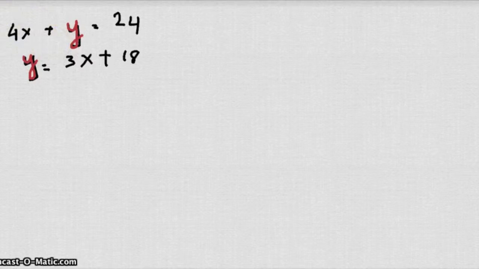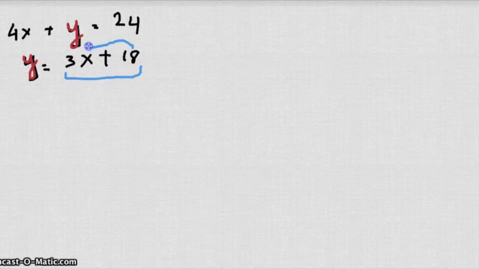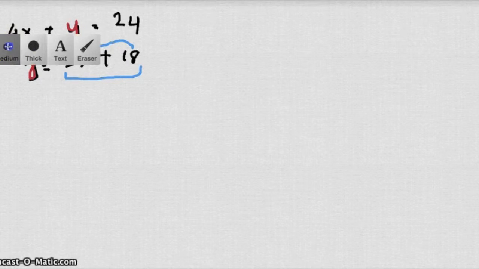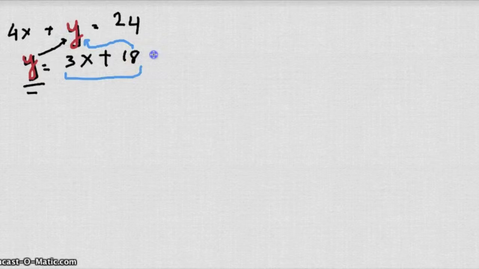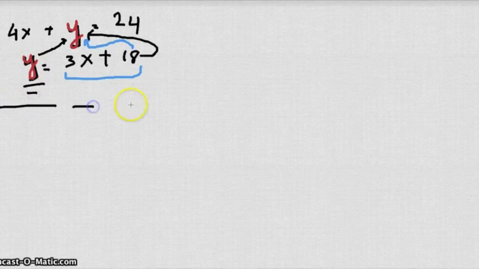So since y is equal to 3x plus 18, we can put the 3x plus 18 into the place of y. Our goal when we have a system like this is to get rid of one variable. So if we substitute 3x plus 18 into the y, because y must equal y, therefore this must equal that y, right? So from the two equations, we can get one equation.